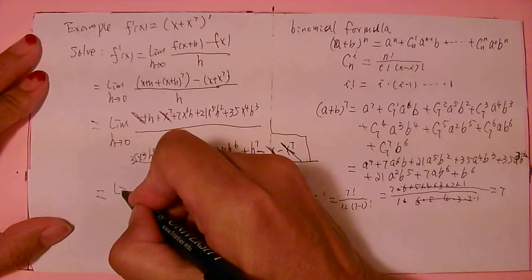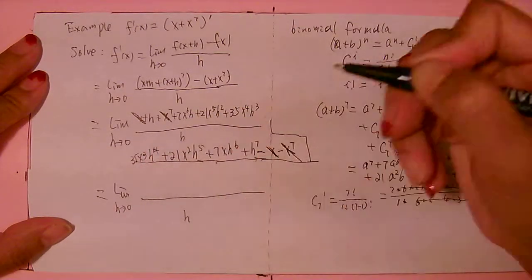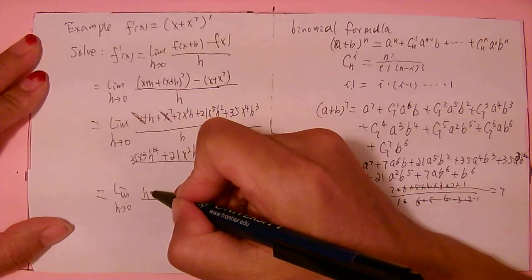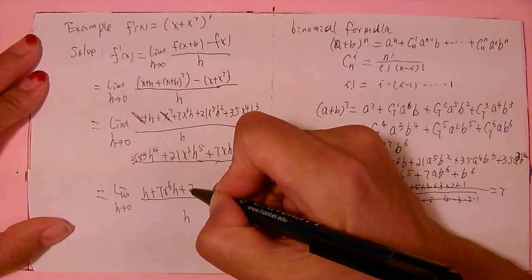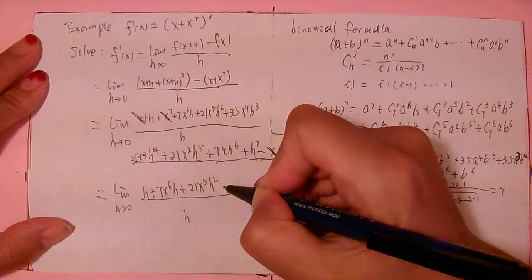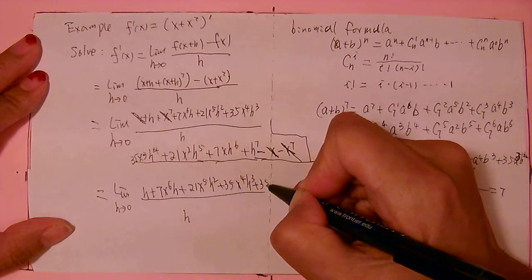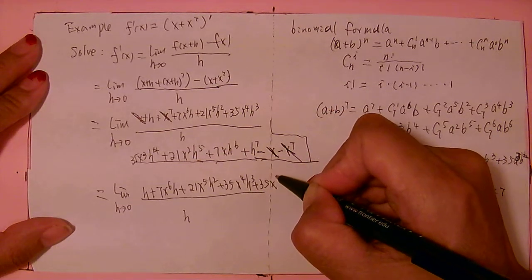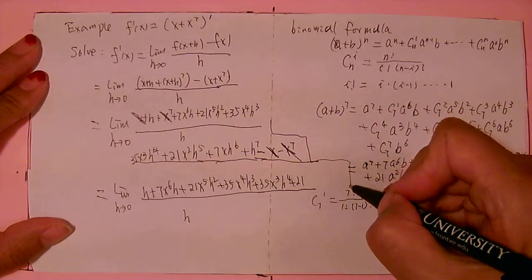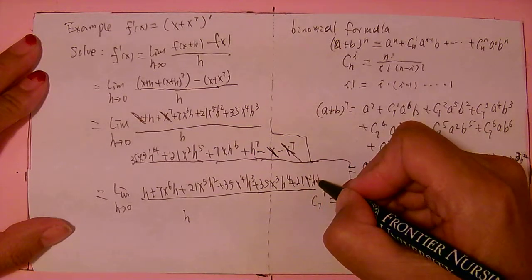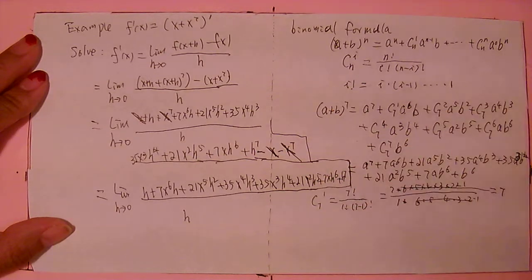So after the cancellation, what do we get? As h goes to 0, we start with h plus 7x^6 h plus 21x^5 h^2 plus 35x^4 h^3 plus 35x^3 h^4 plus 21x^2 h^5 plus 7x h^6 plus h^7.